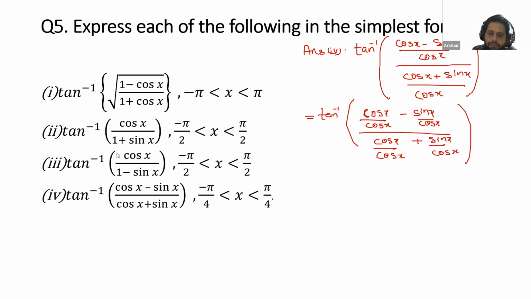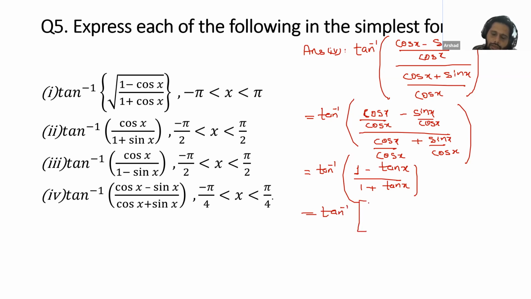Now what will we get here? Tan inverse. Cos by cos is 1, sin by cos is tan, so we get 1 minus tan x by 1 plus tan x. Now, in place of this 1, we can write tan pi by 4, which is tan 45 degrees. That's why we get tan pi by 4 minus tan x by tan pi by 4 plus tan x.